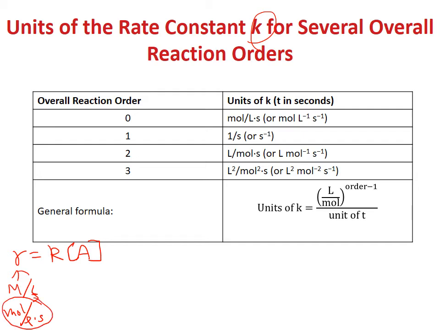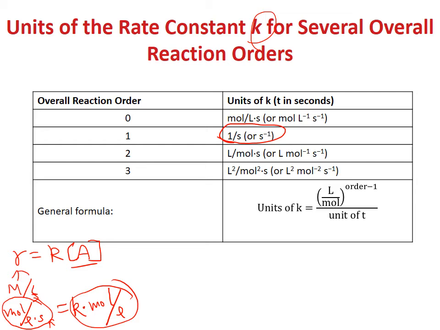If it's a first order reaction, then this should equal K times A, where the unit of concentration is moles per liter. So if you compare the left and right sides of this equation, the left side has per second, and therefore K must have a unit of per second, or seconds to the minus 1 power.